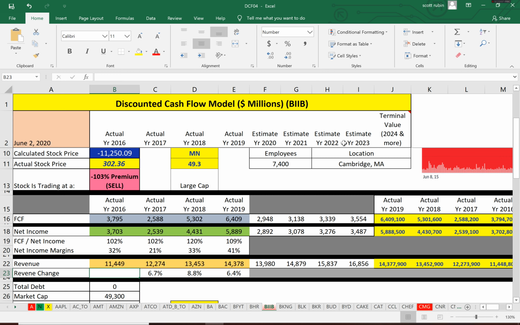So we'll take a quick look at the numbers. As you can see, free cash flow drops from 2016 to 17, then jumps up a lot, then increases a little bit. And free cash flow can be a little lumpy because that's actual cash that goes in and out. So if there was a large purchase one year, it may drop a lot.